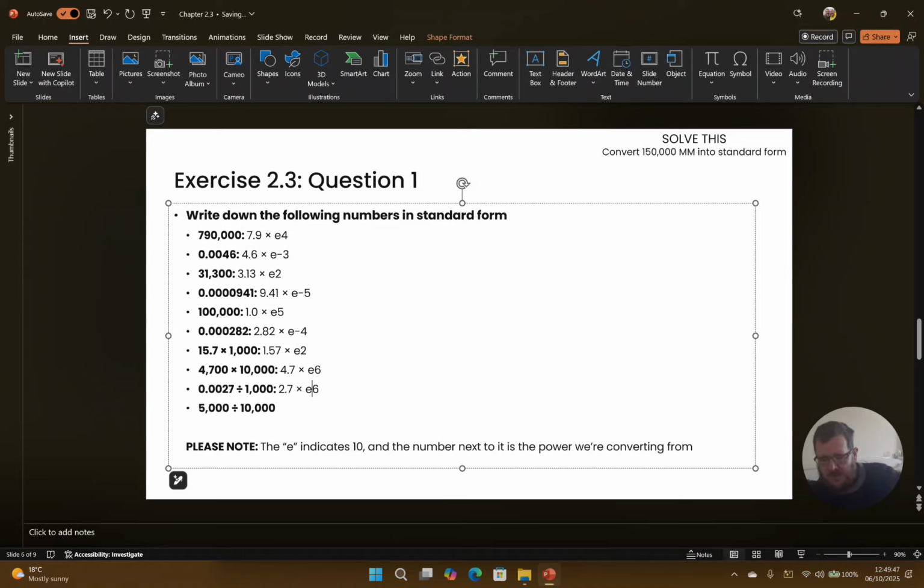But because the zeros are to the left of the number and not to the right, that happens. 5,000 divided by 10,000. Let's put that in. So that's divided by 10, by 100, by 1,000, by 10,000.